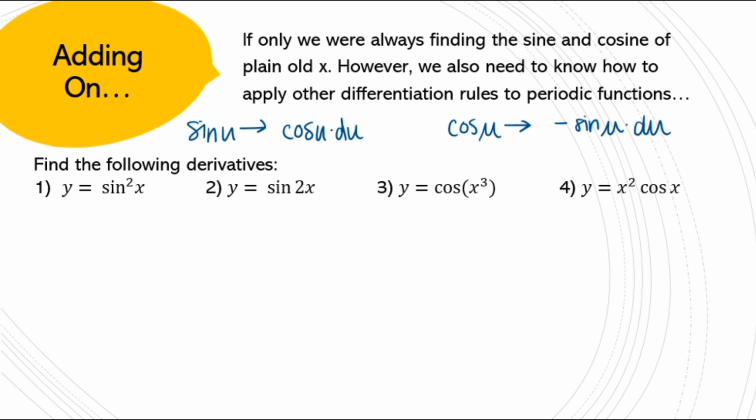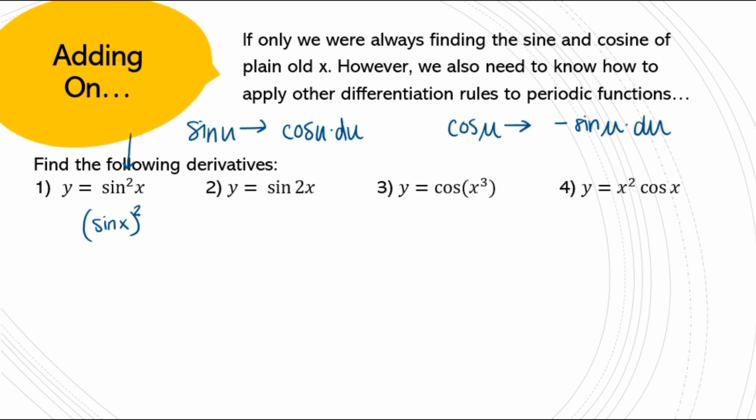So whenever you see sine squared x, that's how we write it, but what you should think about is this. Here we have an inner function, which is sine x, and an outer function, which is u squared.